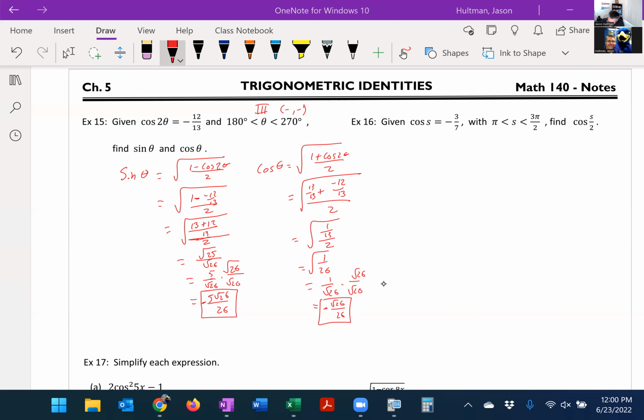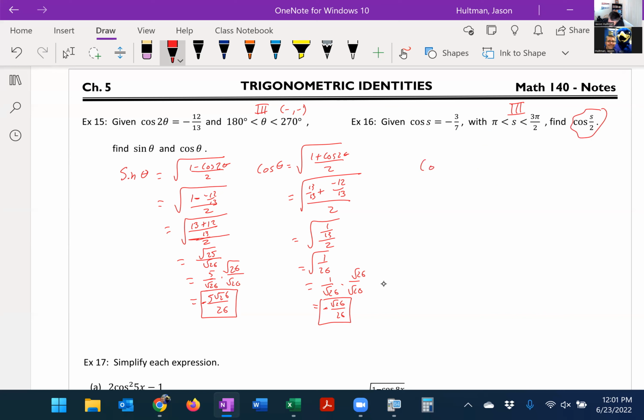Okay, given the cosine of s is equal to negative 3 over 7, with s being again in the third quadrant, so this is pi to 3 pi over 2. Find the cosine of s over 2. So once again, this is just a half angle identity.